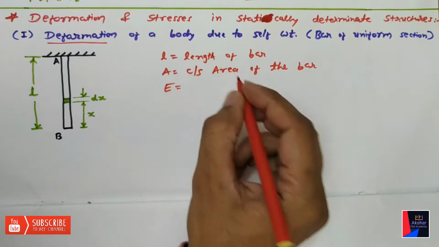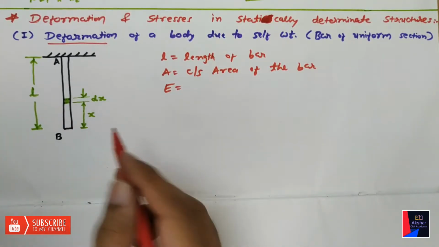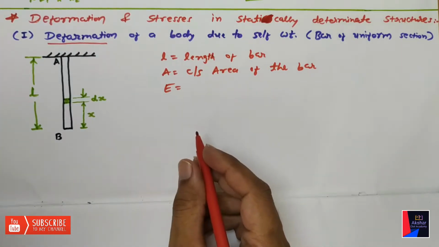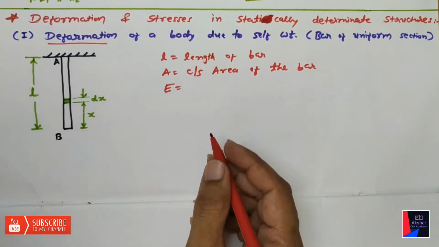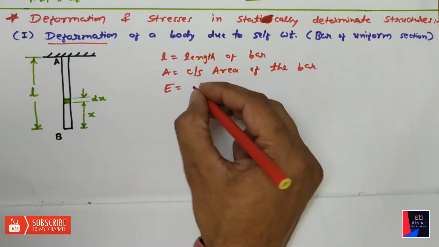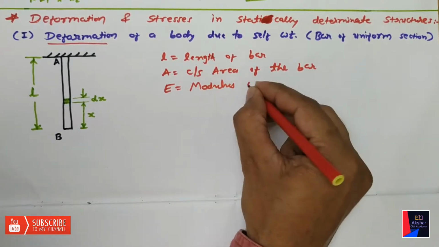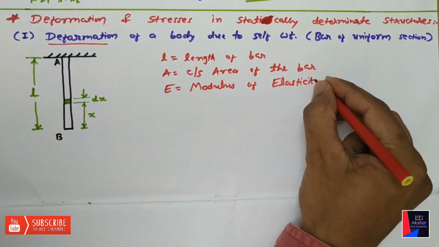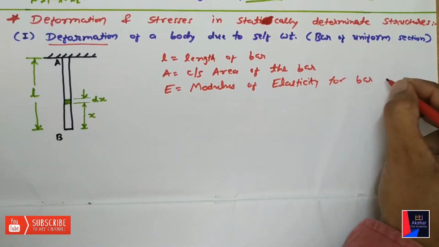E, because this bar will be made of some material. Every material has a constant value of modulus of elasticity, different for different materials. So let us take E as the modulus of elasticity for the bar material.